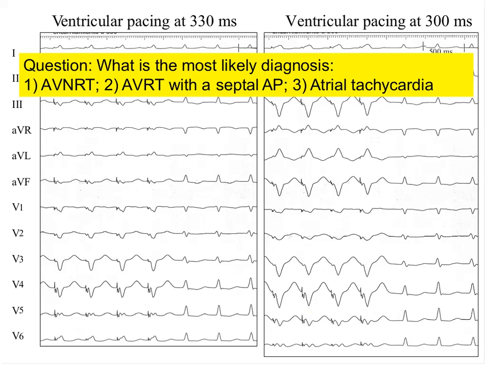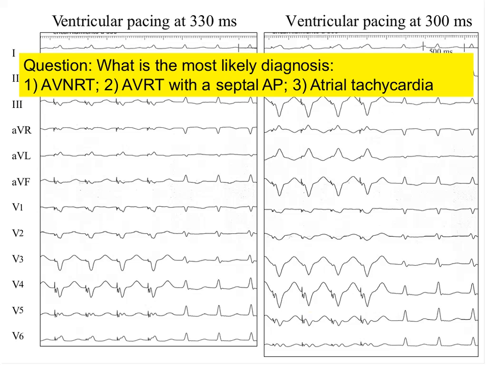Yeah. Absolutely. One very important thing to elicit this finding is to pace the ventricle with a very, very small difference between the pacing cycle length and the tachycardia cycle length. In other words, ideally, you should be pacing 20 milliseconds less than the tachycardia cycle length, or even less.